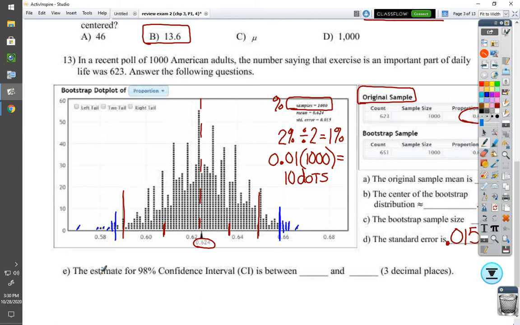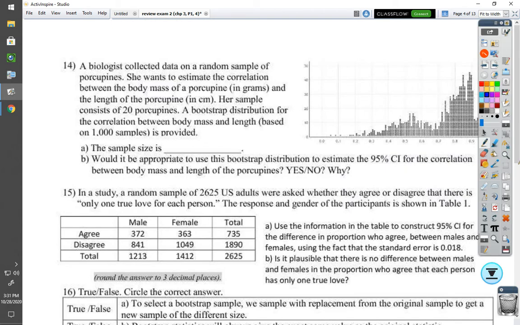So I'm going to go 0.588, breaking up the number line there, and going about to 0.659. Again, I'm using the percentage against the number of samples to get the number of dots to move in from the outside.